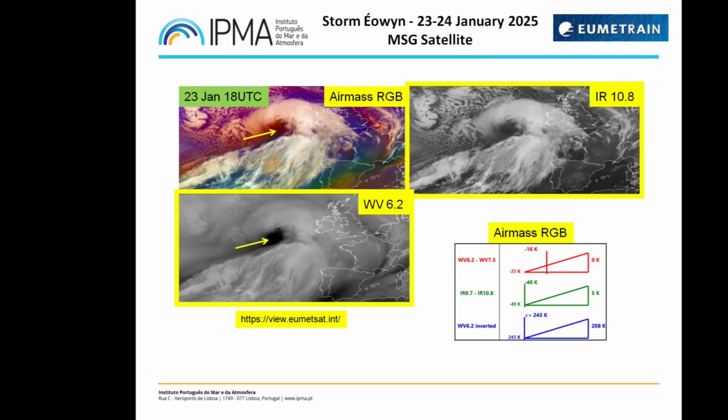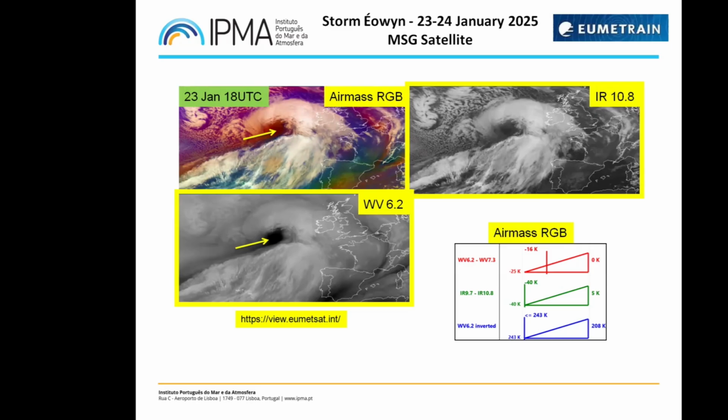If you look at 10.8, that is sensitive to surface and cloud top temperatures, and that is a 10.8 inverted image we can see here. The warm temperatures provide a low contribution, so low clouds, surface land or sea surface with a low contribution, and the cold temperatures provide high contribution, so they showcase the high clouds.